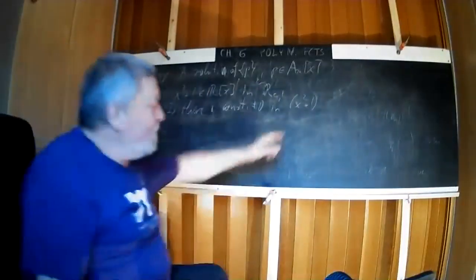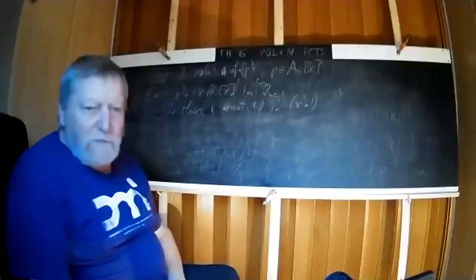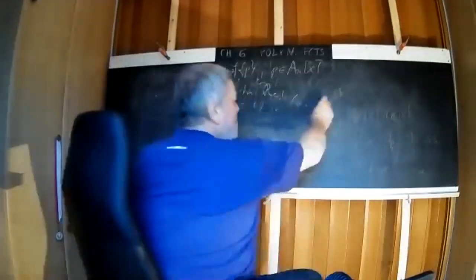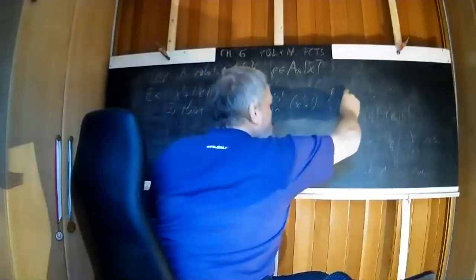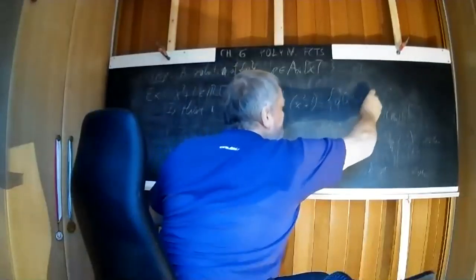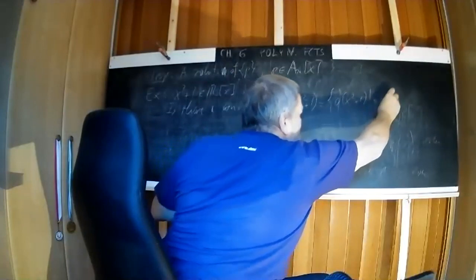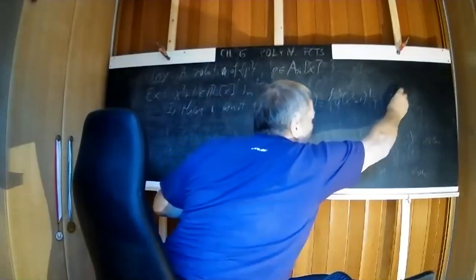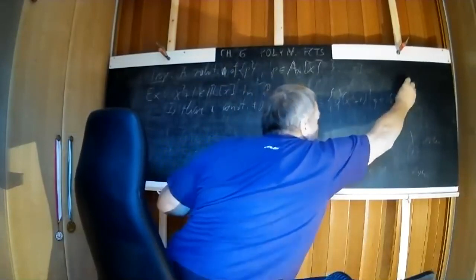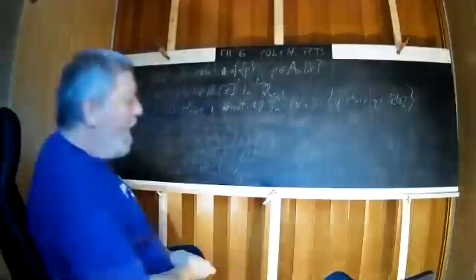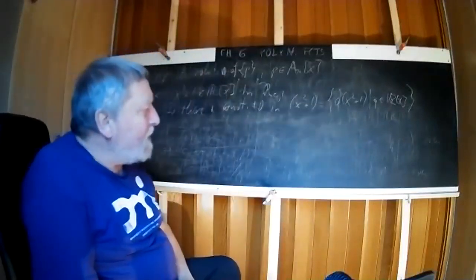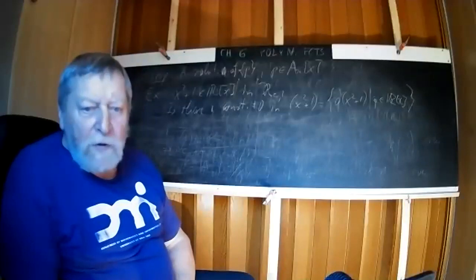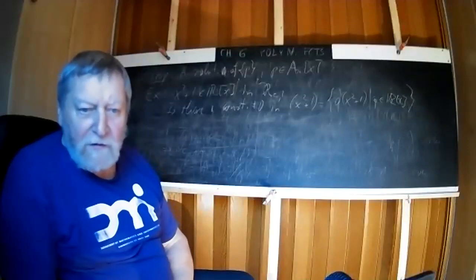But how do the elements look like here? They are just multiples of x squared plus 1. So that's given by all q times x squared plus 1, where q is in R of x. And it's clear, no multiple of x squared plus 1 can be some constant.